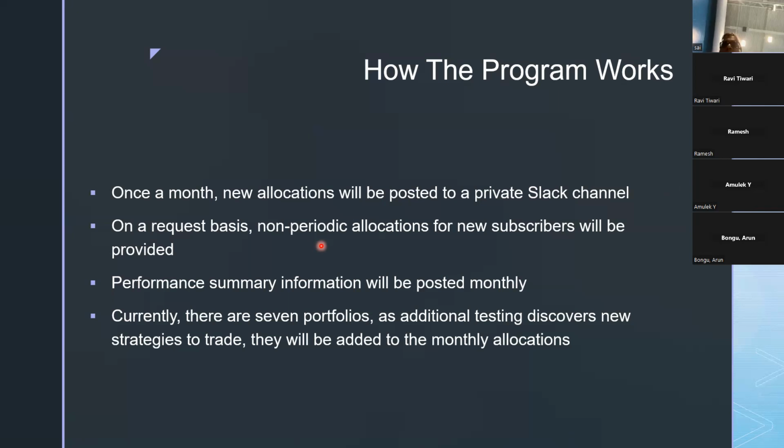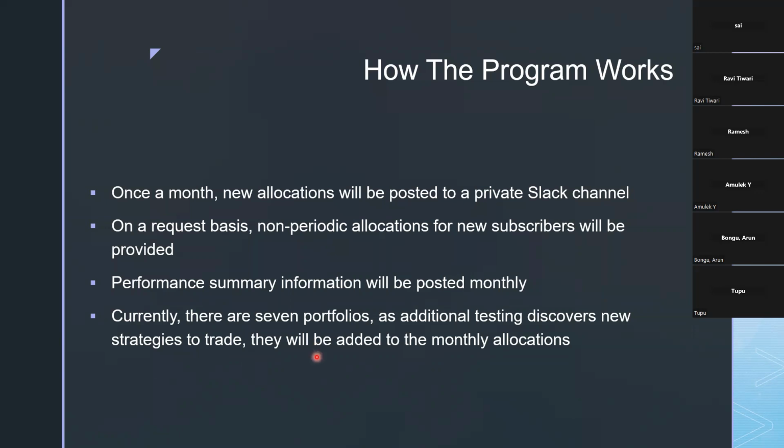Or if somebody wants to set up a different portfolio, I'll rerun those programs to get the new allocations. And the way I post the performance summary is when I post the new positions at the beginning of each month, I'll put in there how each portfolio has done so far.